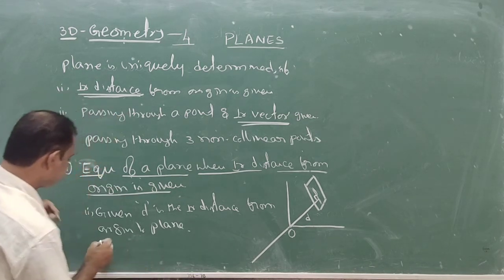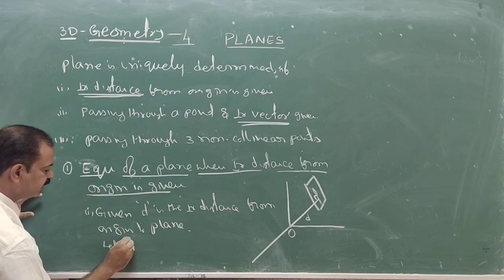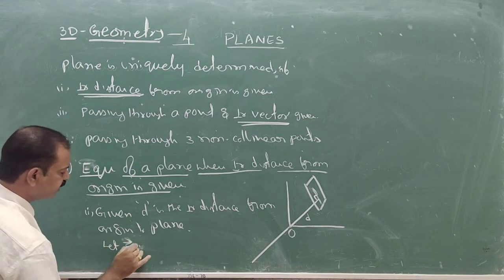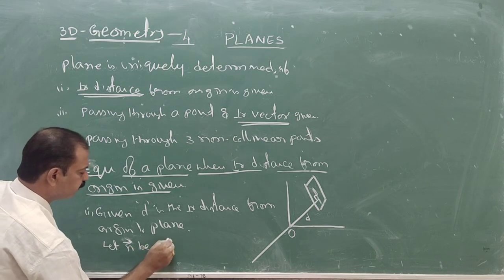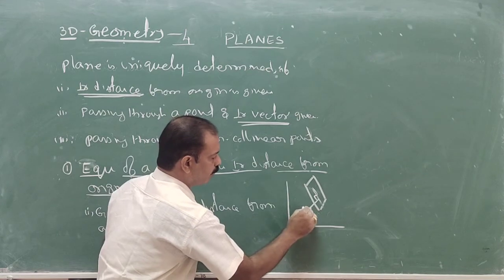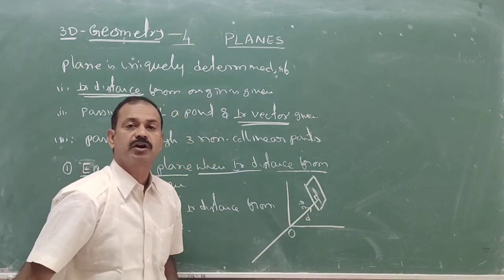Next, let n cap, or you can take it as let n be the perpendicular vector to the plane. When it is perpendicular, you have the perpendicular vector also.